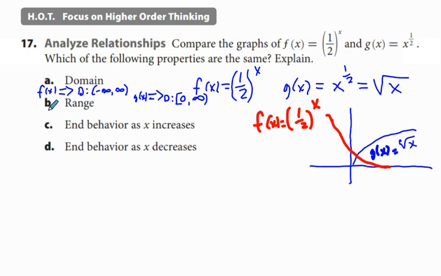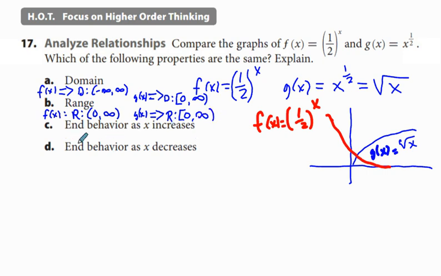Okay, range. For f of x, range is going to be greater than 0, less than infinity. For g of x, your range is going to be not greater than 0, but greater than or equal to 0, because you can actually start at 0 and go up toward infinity.